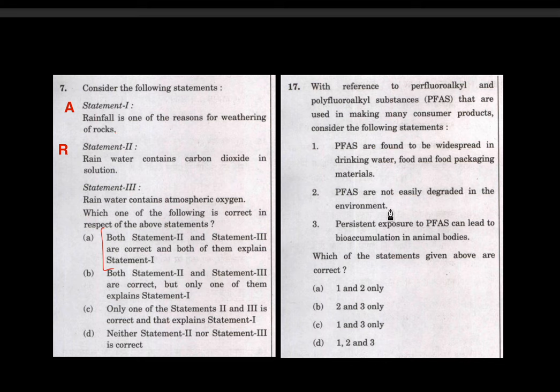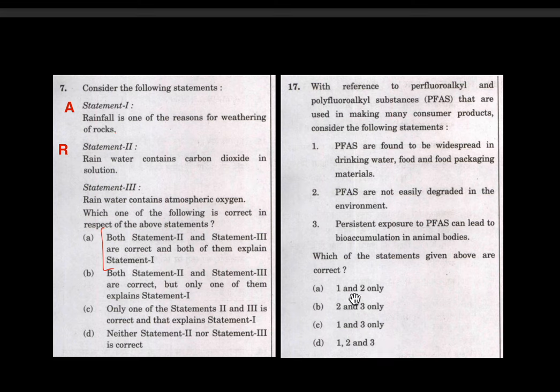PFAS are not easily degradable in the environment. And persistent exposure to PFAS can lead to bioaccumulation in animal bodies. This says can lead to, so it may be true, it's fine. So statement 3 is correct.